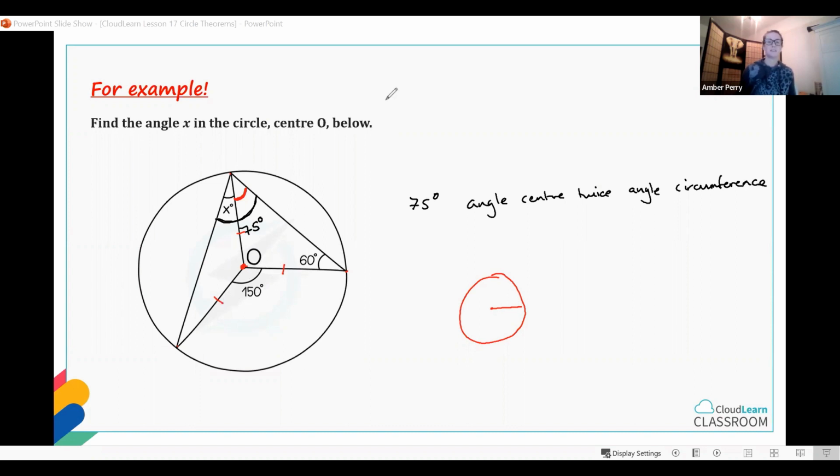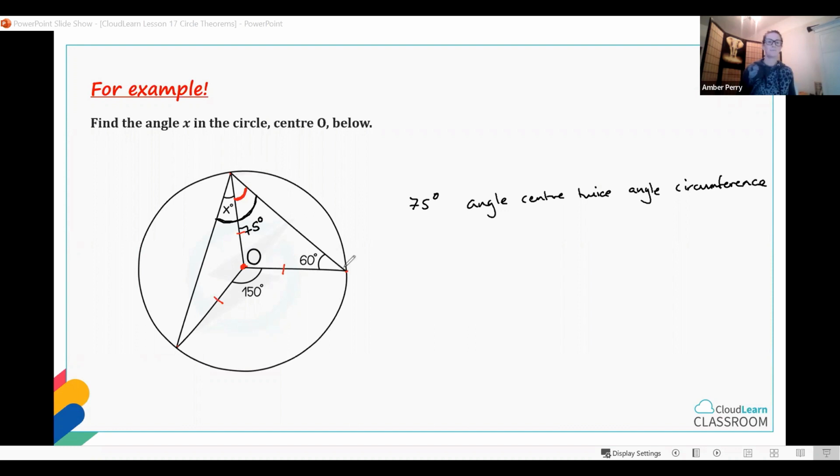So the first thing that I think you should do in any circle theorem question is find any radiuses, find the center and find any straight lines that go out to the circumference. And if you just put that one mark dash on there, I think you've seen that before. That's a way of marking equal length lines. Have you seen that before? You can mark equal length lines using a dash.